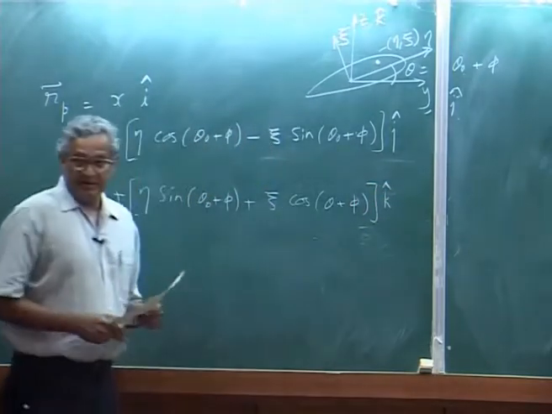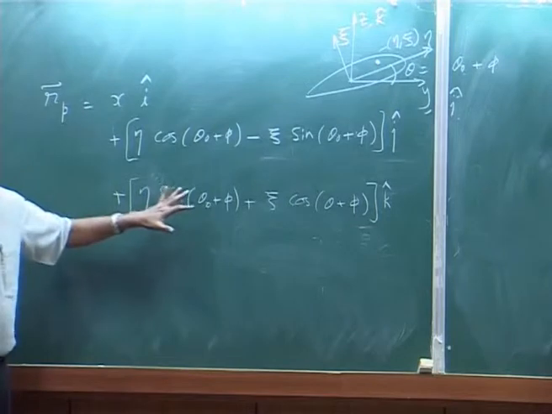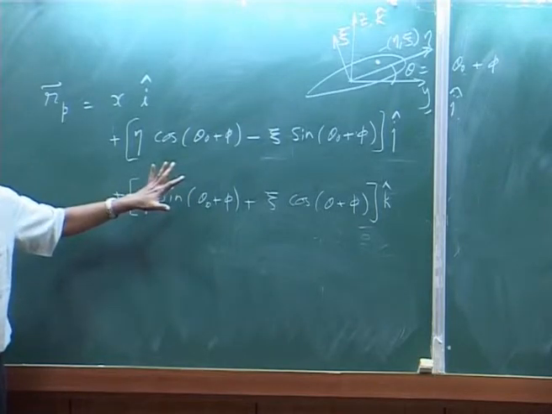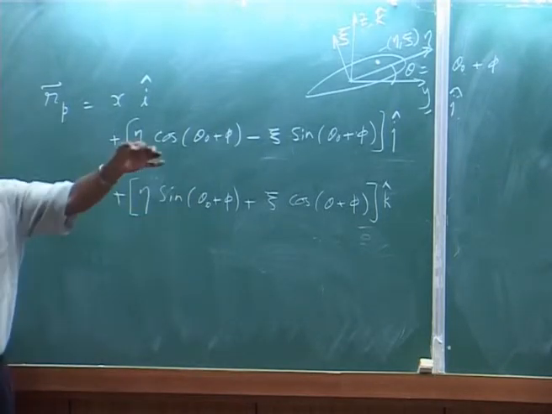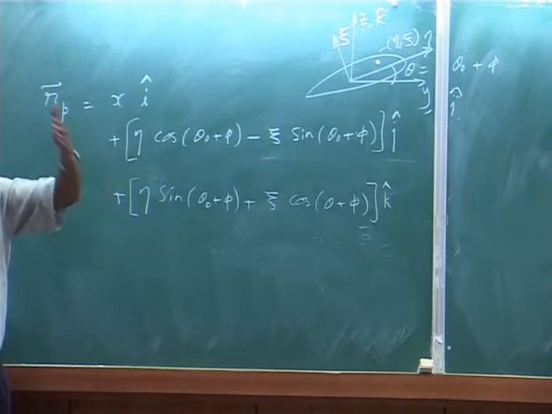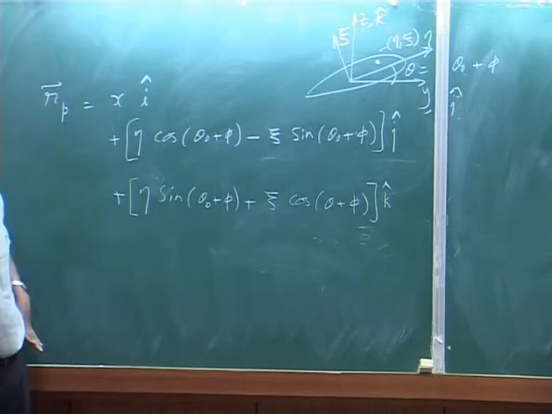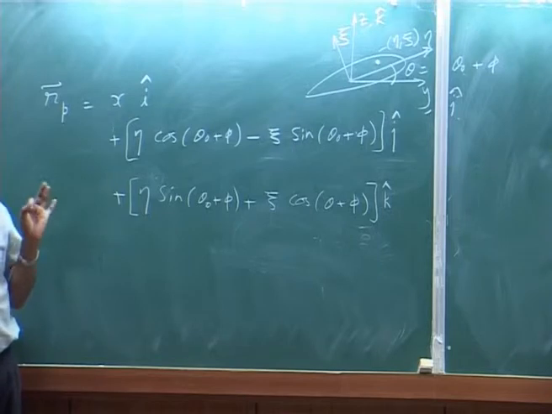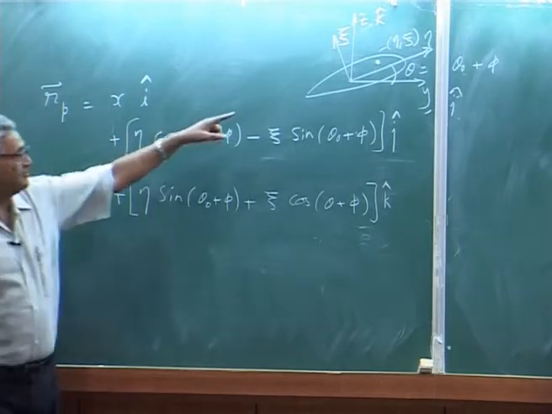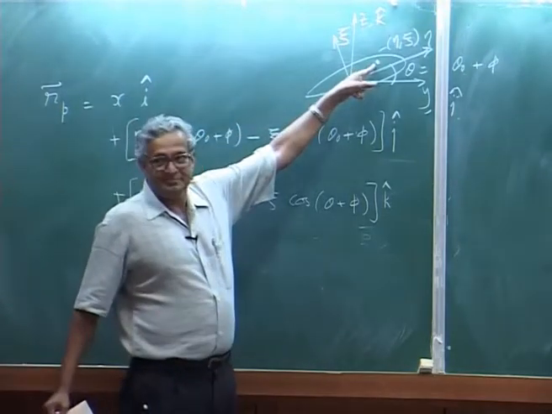Okay. Now this is my position vector in the rotating frame of any point P in the cross section. This is the position vector of any point on the blade.